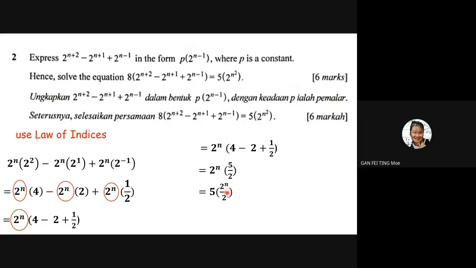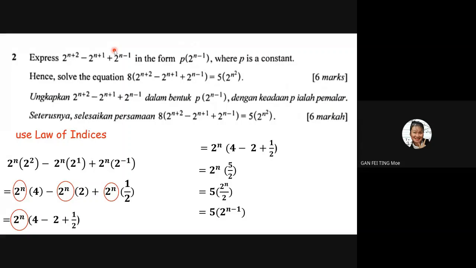Ini adalah pembahagian nombor berindeks, 2 to the power of n bahagi 2 power 1. When 2 to the power of 1, 2 kuasa 1, you are going to write it in this form. 2 to the power of n over 2 is written in this form. And this is actually this. Yang kamu telah tulis ini, see, they play around with this. Semua benda adalah sama. Adakah kamu telah menguasai? Once you sudah menguasai, then it shouldn't be a problem.